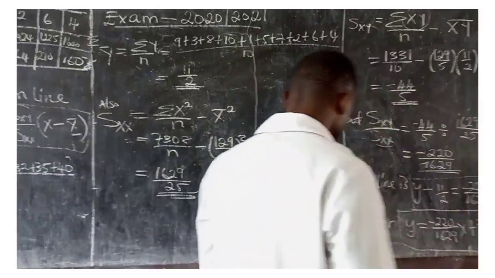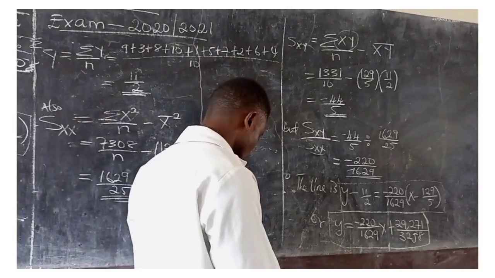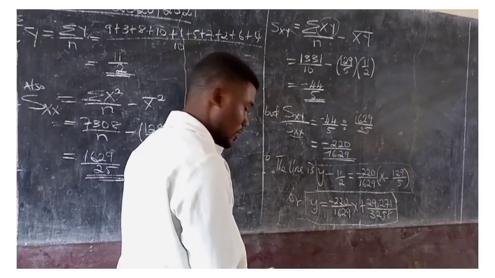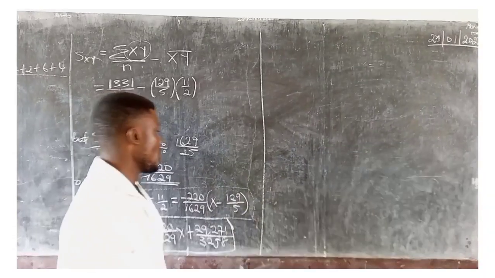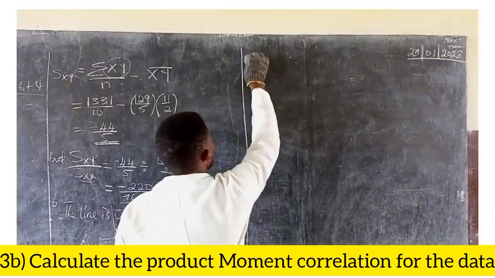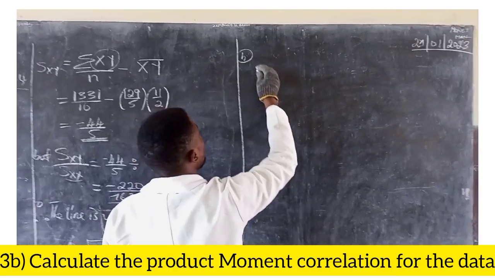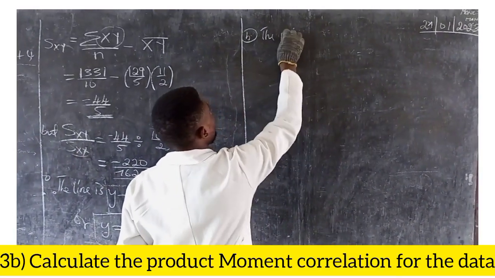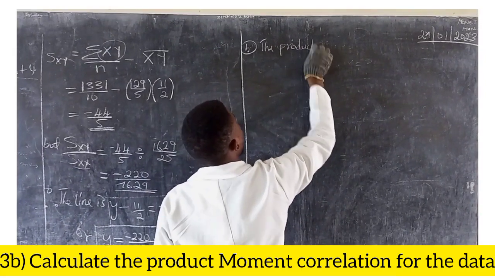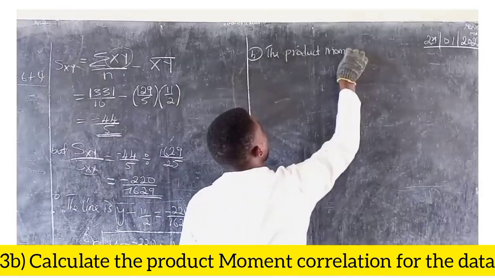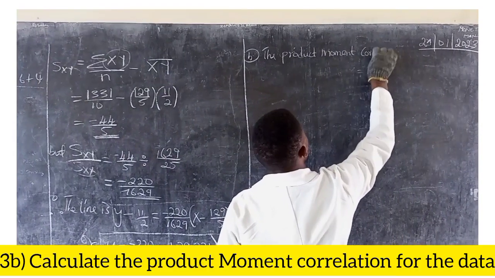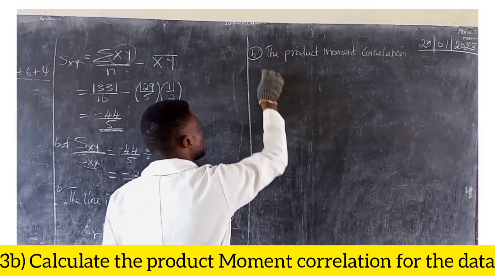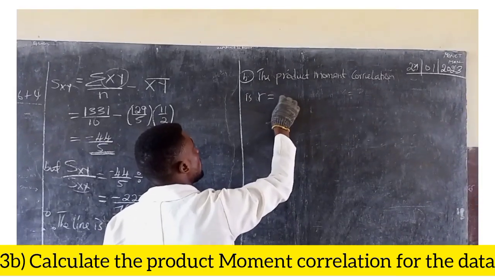The next part then says that we should calculate the product moment correlation for the data. The product moment correlation for the data, that is the B part, we have that the product moment correlation coefficient, R, is equal to what?